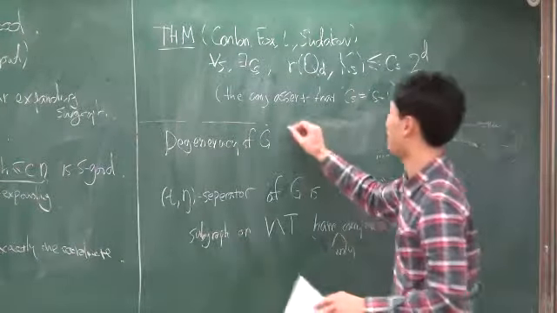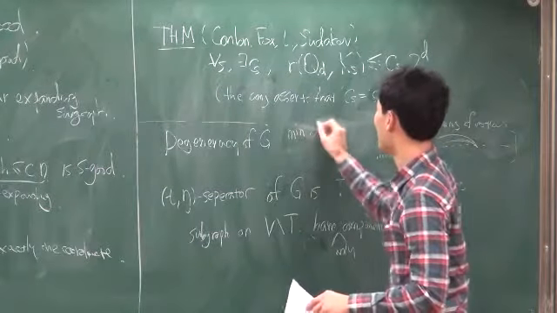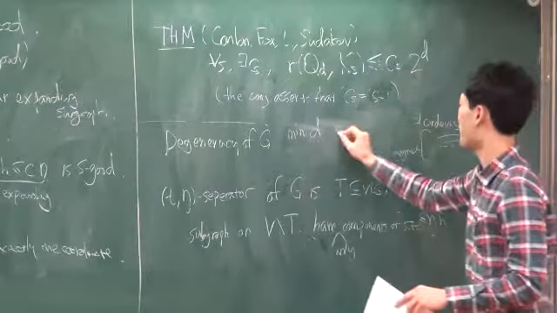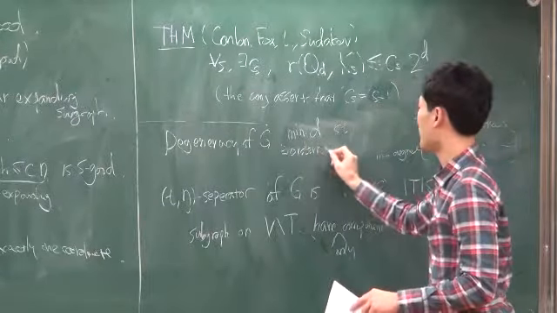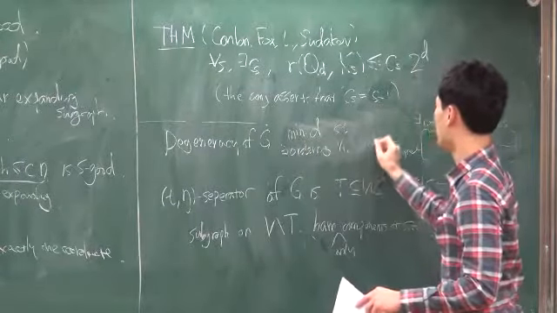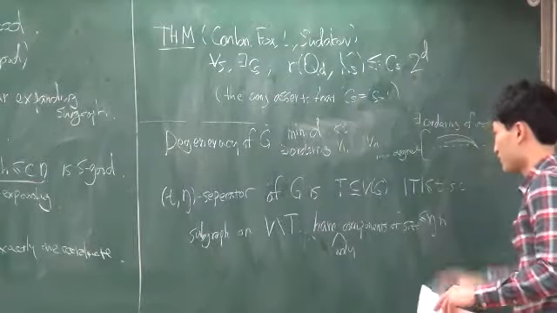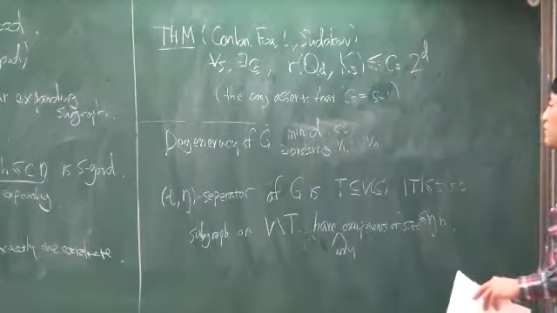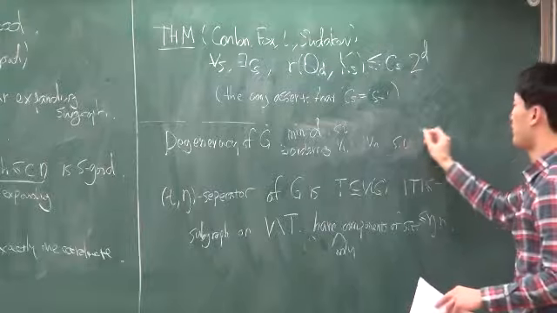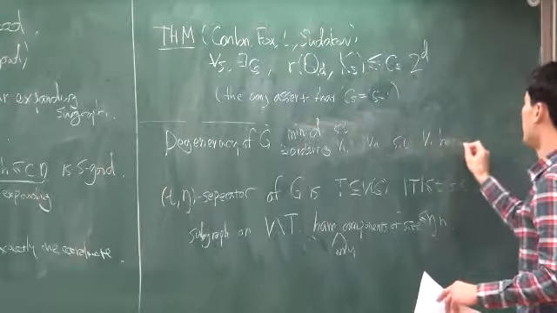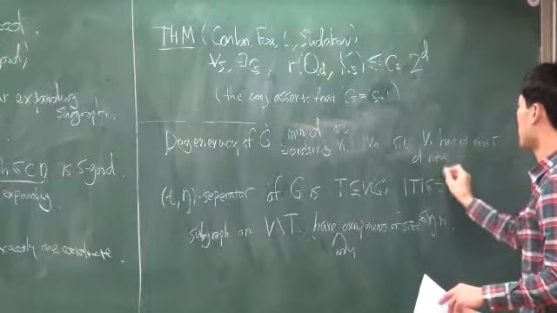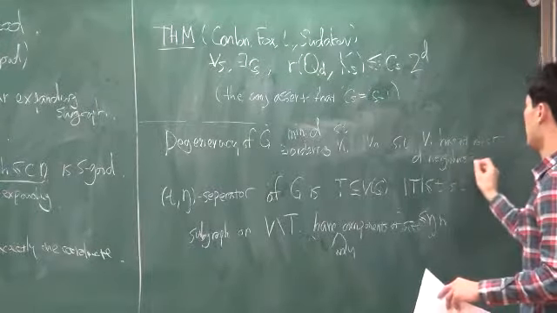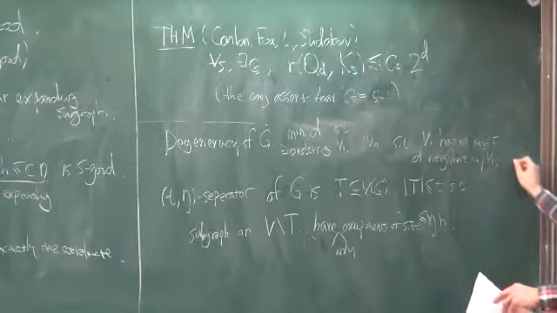So it's the minimum d such that there exists an ordering of the vertices v1 up to vn such that v_i has at most d neighbors in the set v1 up to v_{i-1}.